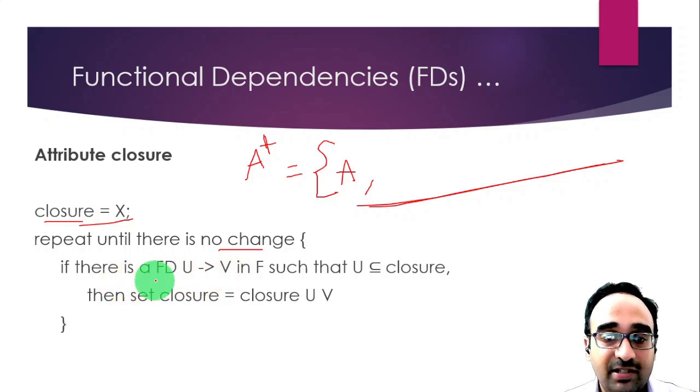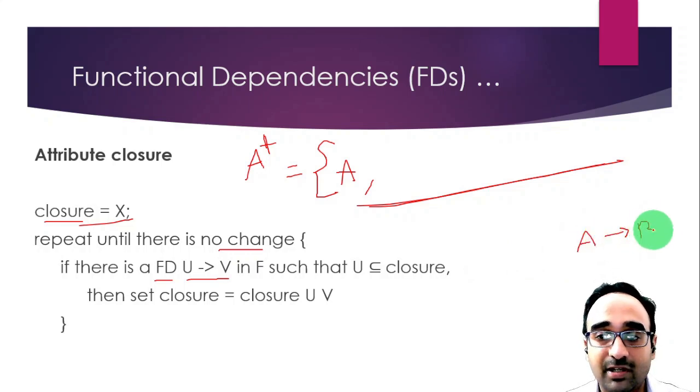Now if there is an FD of the form U derives V, for example, let's say there is an FD like A derives B. Now this is U and this is V. If there is an FD like U derives V, then what are they trying to do?